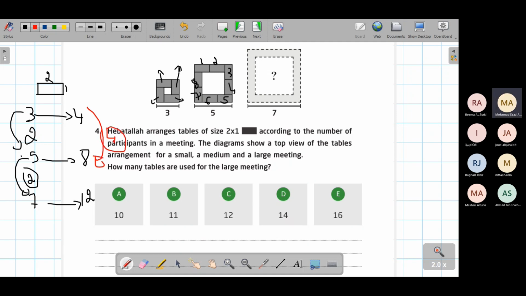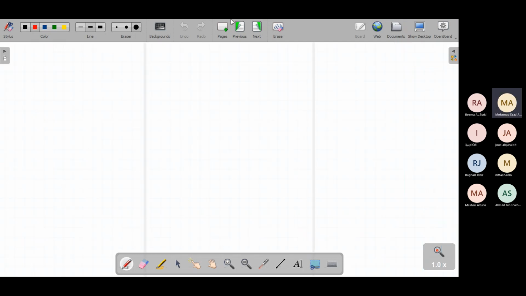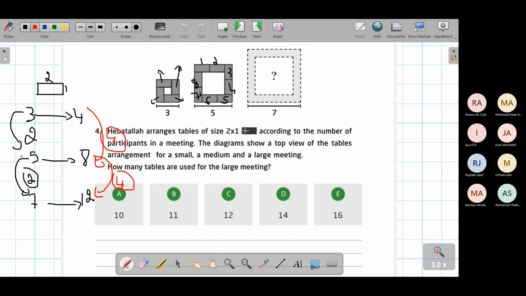So from 8 to my answer, it's also adding 4. So 8 plus 4 equals what? Equals 12. Okay? That's what I meant. Yes, Mr. Right. Excellent. Okay, any questions?